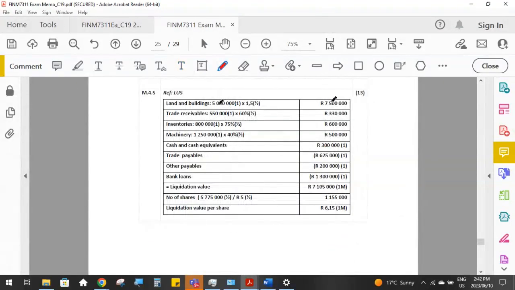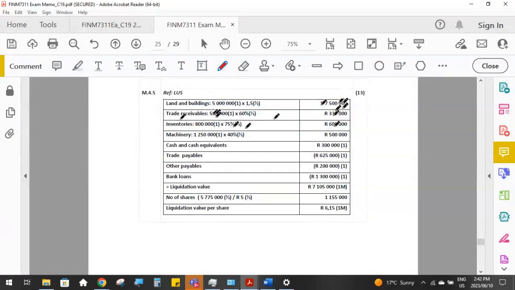So the land and buildings are worth more than current book value. Trade receivables, which is the money people owed you: if you had to collect that all in right now, you would only be able to collect 60% of that debt, 330,000. That's an asset, so those must be positive figures.